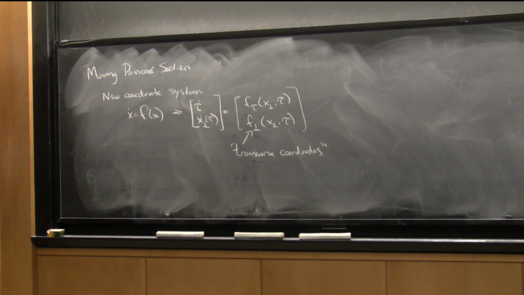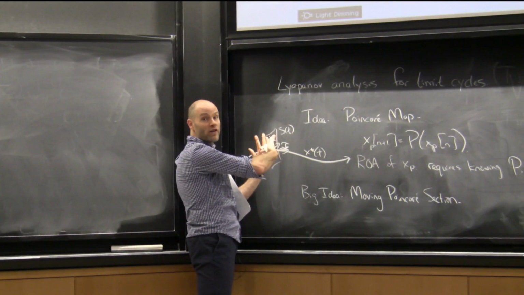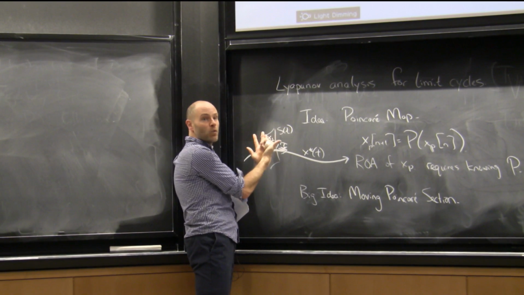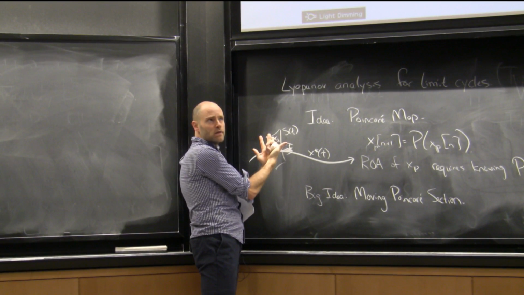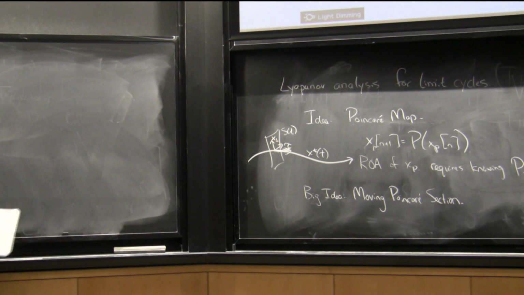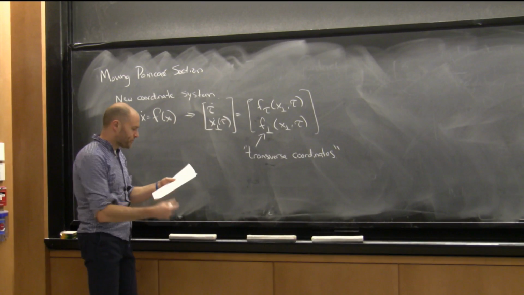The only point is that the trajectory coming out cannot move along this section. It has to be transverse. The dot product, or the cross product, of every vector in this field with the flow has to be non-zero. Okay, so these are the transverse coordinates.